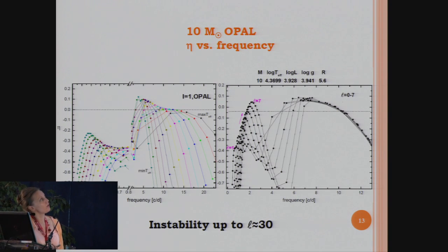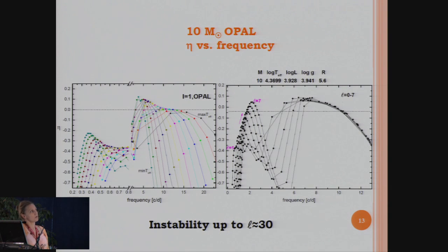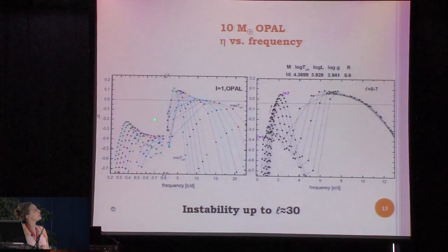And this is the evolution of the eta parameter. This is the normalized work integral. So the value for eta is from -1 to +1, and eta greater than 0 means unstable modes. So these are typical, this is ZAMS and this is TAMS. And these are typical frequencies excited in beta Cephei stars.